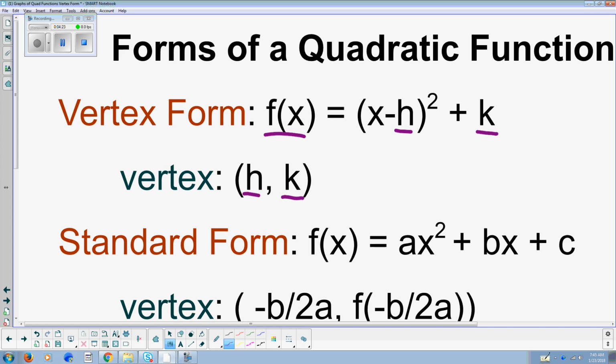I do want you to make note that there is a sign change from this minus h to the vertex ordered pair. So if it says minus 3, the x-coordinate is 3. If it says plus 3, the x-coordinate is negative 3. There is a sign change here, just on the x-coordinate of the vertex, and then k is the y-coordinate of the vertex.